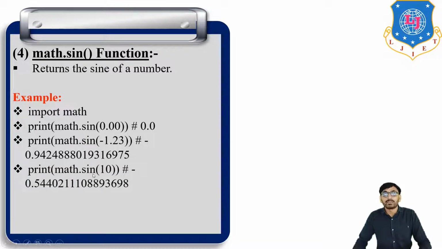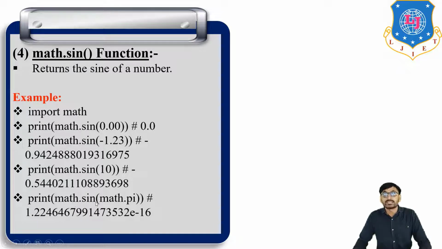Then print math.sin of 10, that is -0.54402 something. And print math.sin and in the brackets math.pi. It means we use pi of the math module. Then the answer is 1.224646.